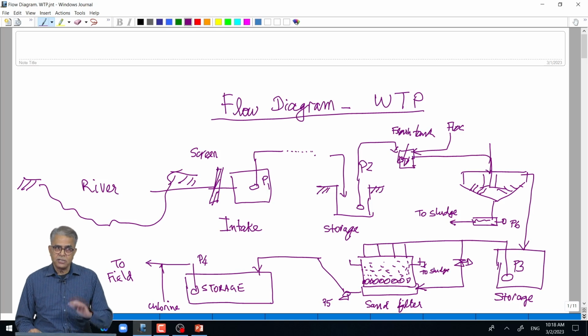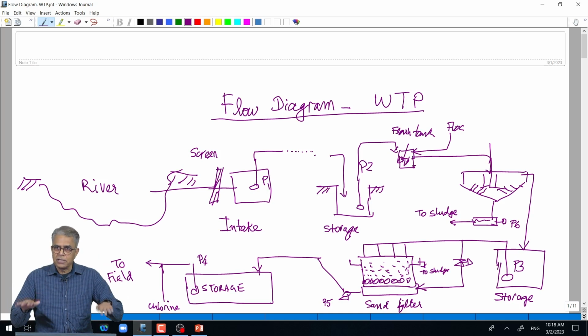From this storage, still it is not 100% free of suspended solids. Most of the bigger particles will get separated in a clarifier, but when you want to drink the water, you put it in a glass, you want it crystal clear, so to say. So, it has to have another stage, which is filtration, sand bed filtration, where various graded sand of big and small particle sizes is kept, and then the water is distributed on top of that.